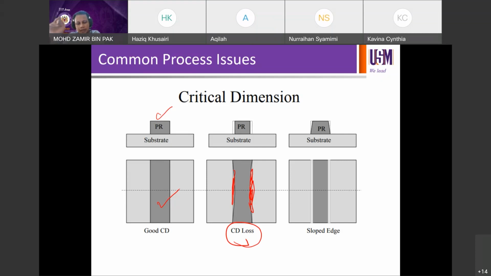You're supposed to get 100 plus minus 5, and you're getting 125, the root cause is exposure dose drifting, and you're printing lines. What are you supposed to do as a process engineer in this case?